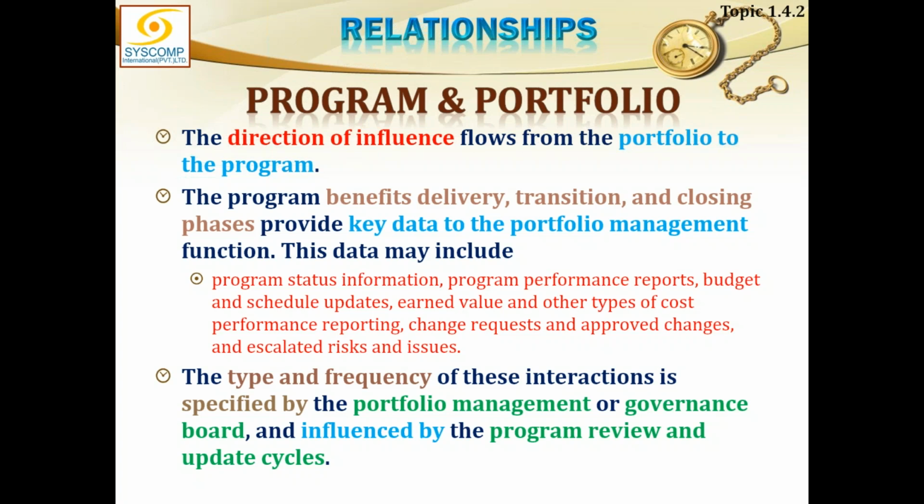All of these things may be useful for the portfolio in making its decisions, because this is kind of analyzing the data for purposes of financial decision making. The type and frequency of these interactions is specified by the portfolio management or governance board, influenced by the program review and update cycle.